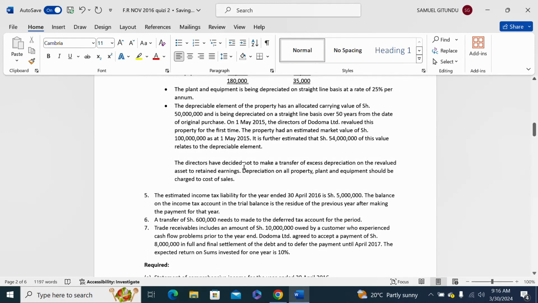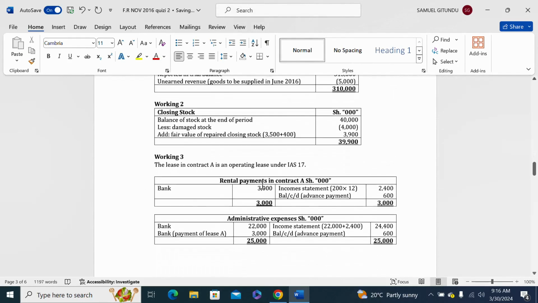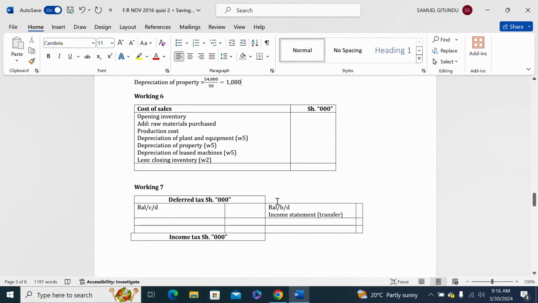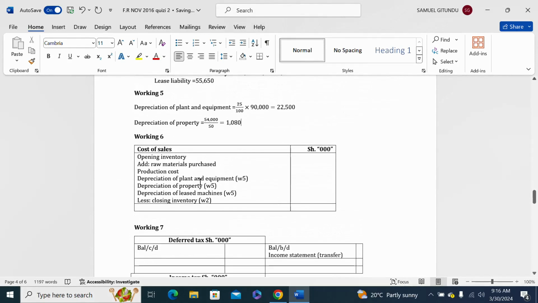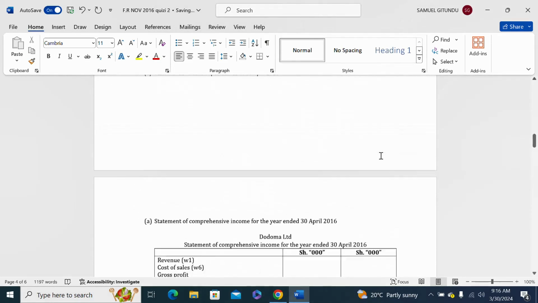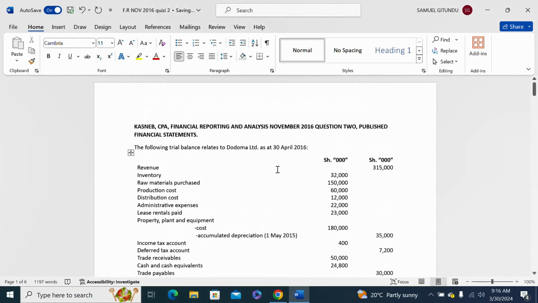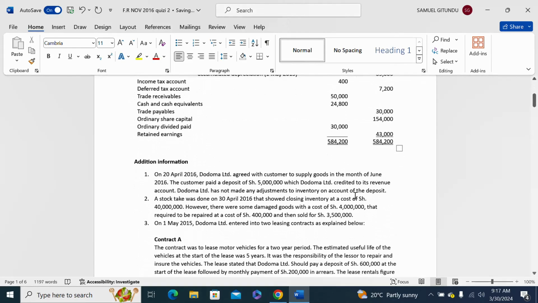Then we can calculate the cost of sale at this juncture. The cost of sale is composed of the opening inventory. How much is the opening inventory from the trial balance? The opening inventory is 32 million.